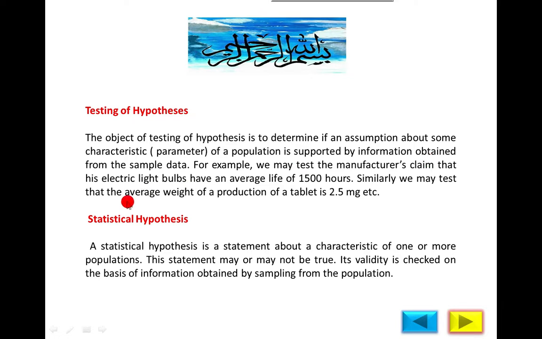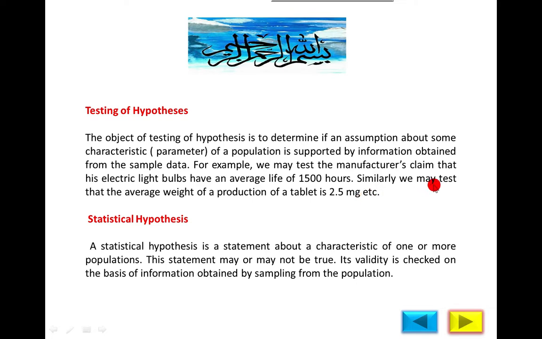What is the claim? The claim is the average life of this production of electric light bulbs is 1500 hours for the current population, current production. Similarly, we may test whether the average weight of a production of a tablet is 2.5 milligram.